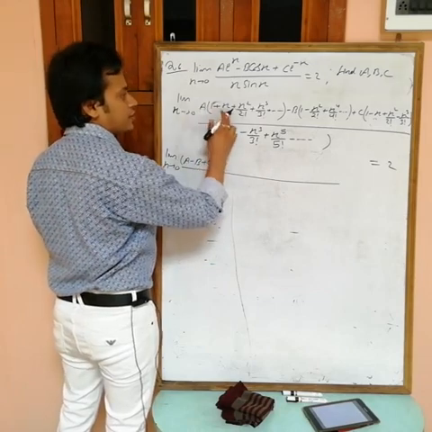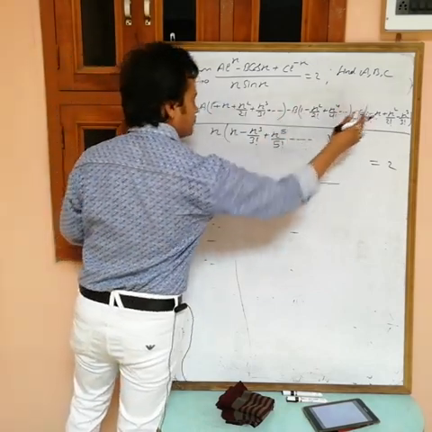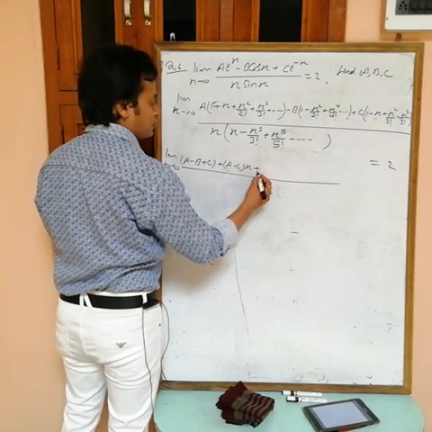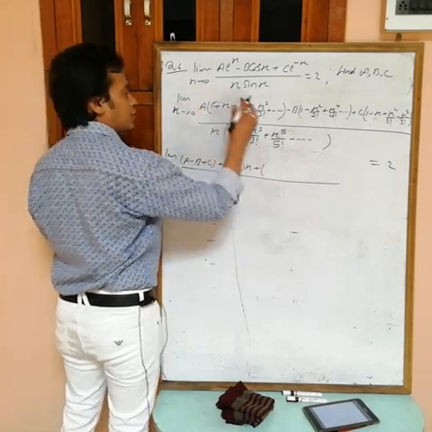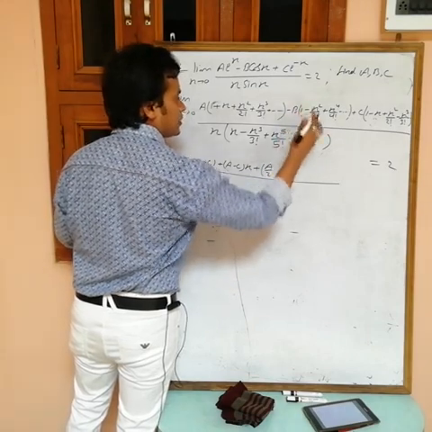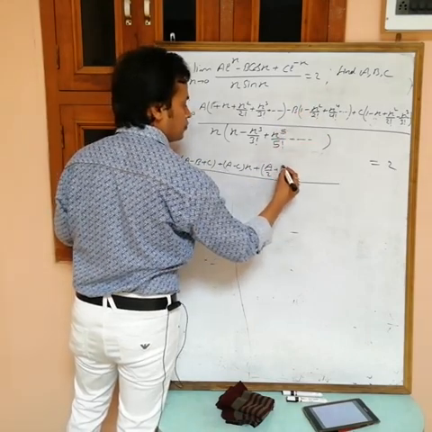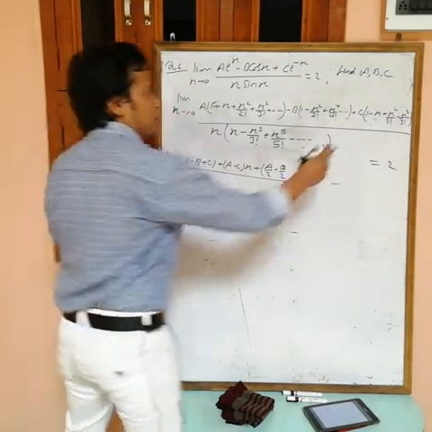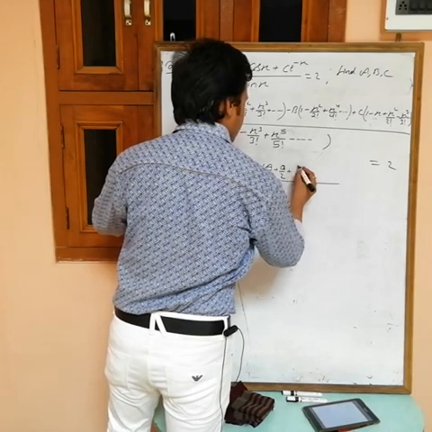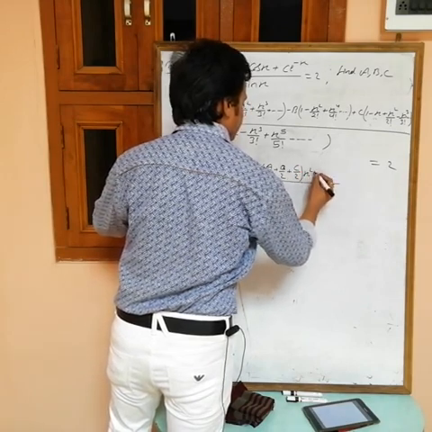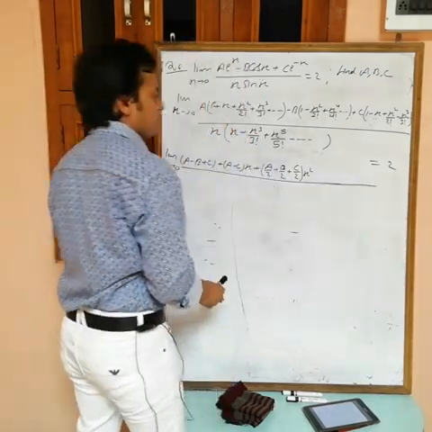Now terms of x: a minus c. Now terms of x square: a by 2, minus minus plus, b by 2, and plus c by 2, since 2 factorial is equal to 2.